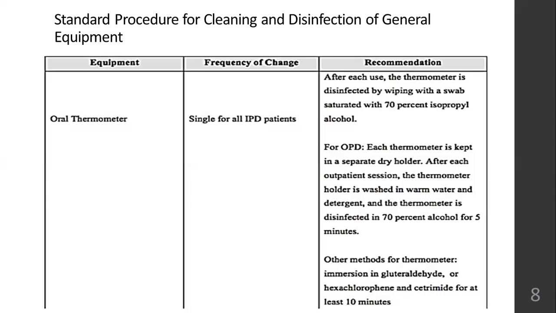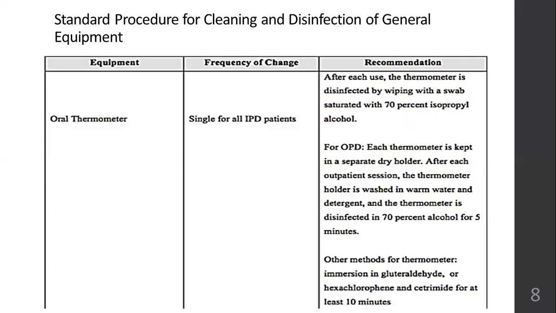For OPD, each thermometer is kept in a separate dry holder. Okay, after every OPD session, when every patient has come, their vitals have been checked, and when they leave, the thermometer holder has to be washed in warm water and detergent, or it can be disinfected with spirit for 5 minutes, and then it can be used again for another OPD patient.